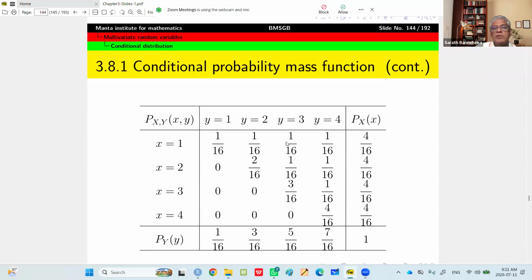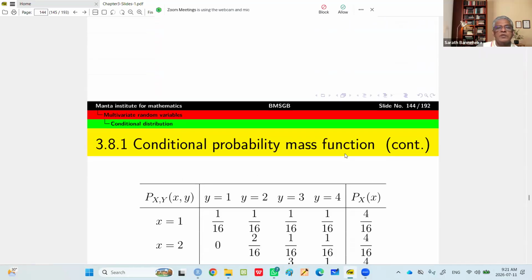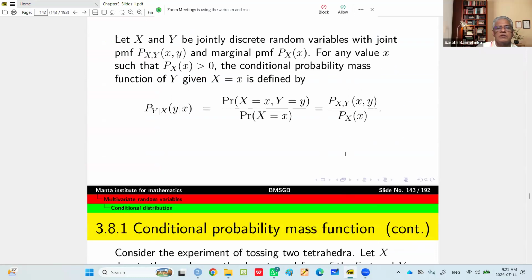If you divide everything by 4 over 16, the conditional probability of Y equal to 1 given X equal to 1 is 1 over 16 divided by 4 over 16. The conditional probability of Y equal to 2 given X equal to 1 will be 1 over 16 divided by 4 over 16, and so on. So when you add those four numbers, they will add up to 1. Right. So that's why we have this definition here.